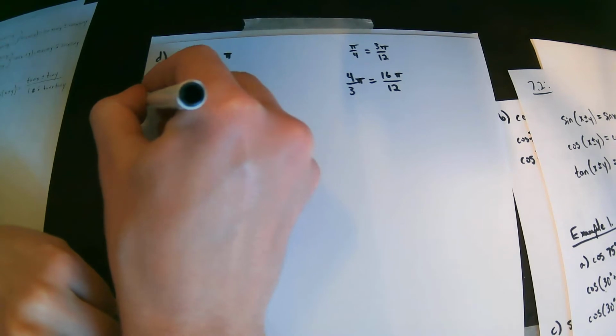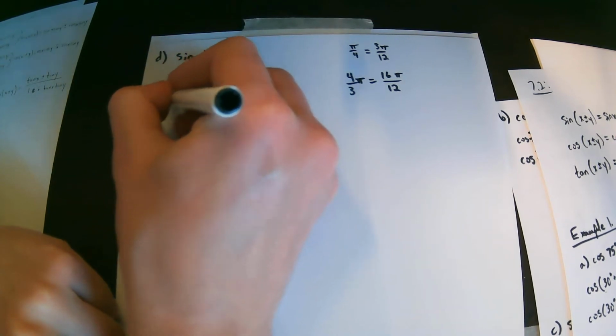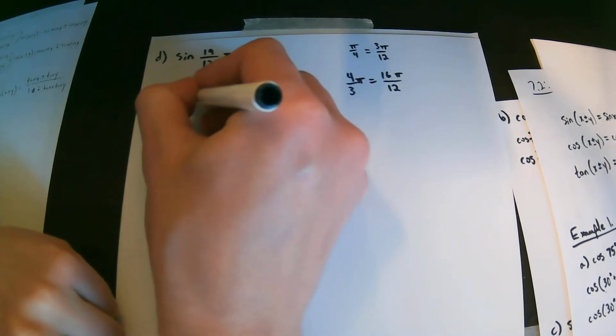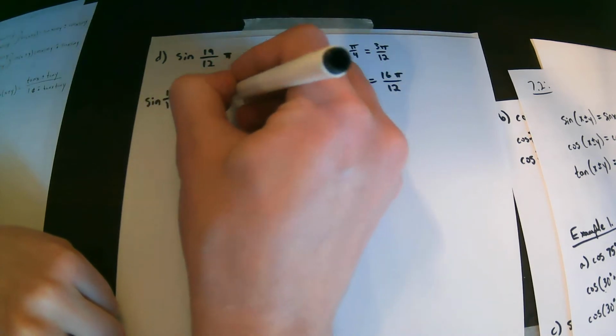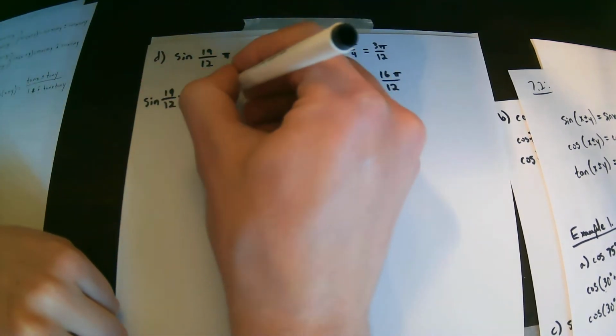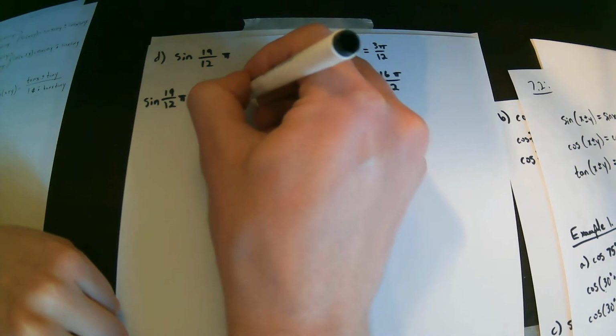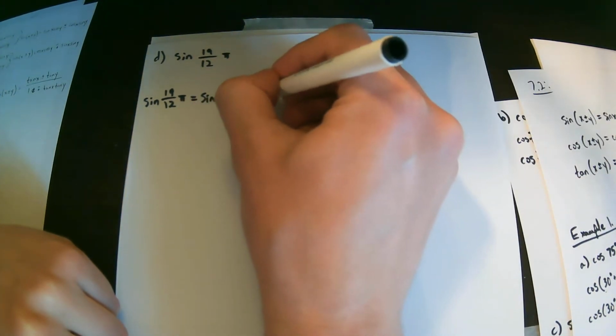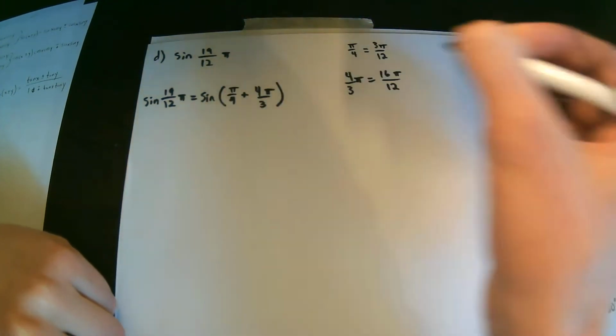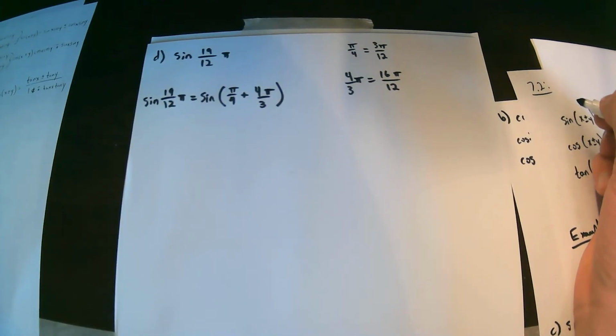So what I'm going to do is say sine of 19 over 12 pi is equal to sine of pi over 4 plus 4 pi over 3.